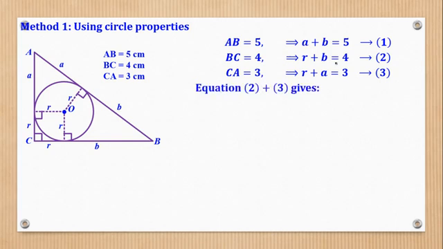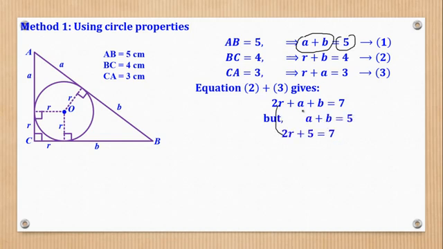Let me start by adding these 2 equations. When I add, R plus R is 2R. Then B plus A is that. Then 4 plus 3 is 7. Okay, but you realize there is A plus B here, which is 5. So I'll come and substitute for A plus B to give you 2R.